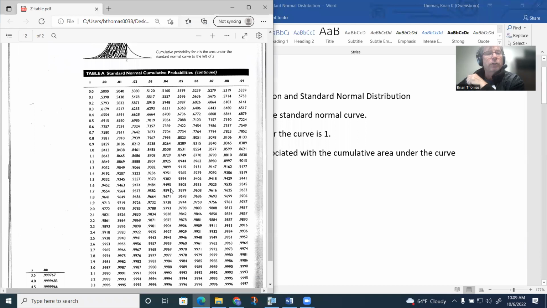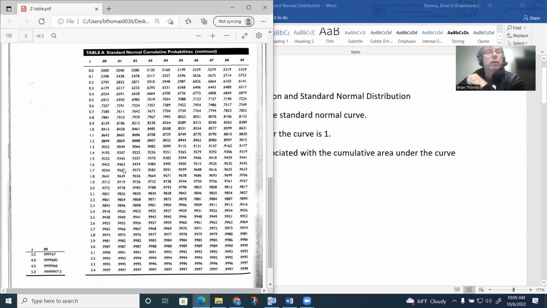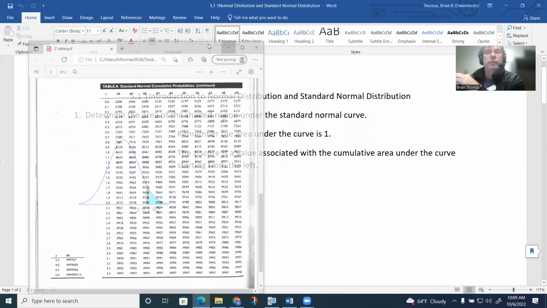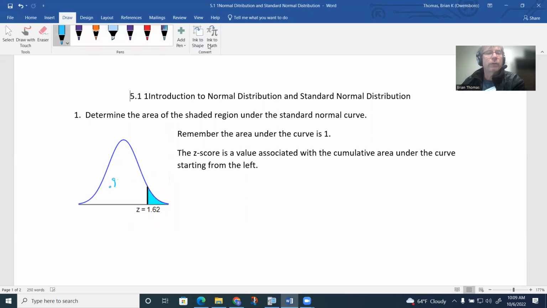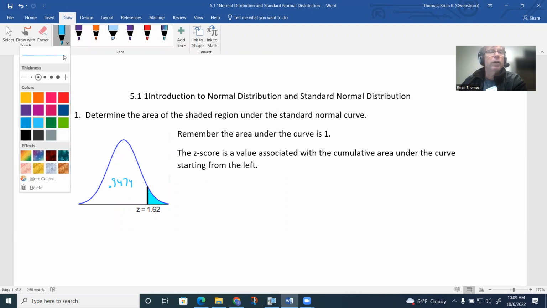So 1.62 looks like this, 0.9474. So let's put that down. This 0.9474 is actually this area over here.